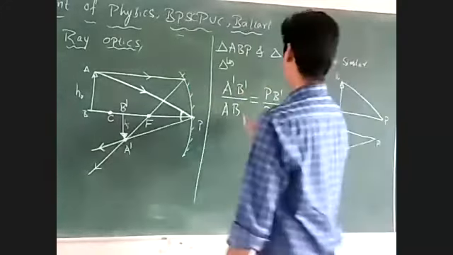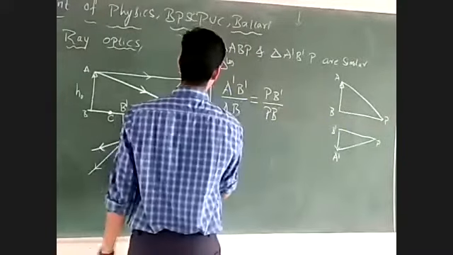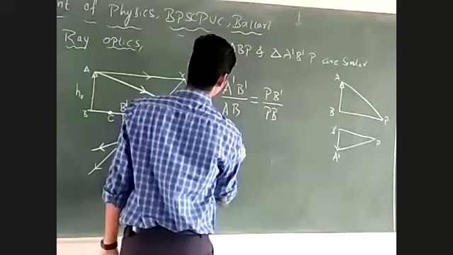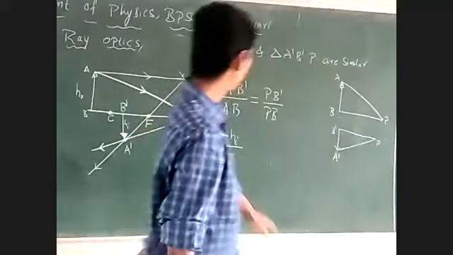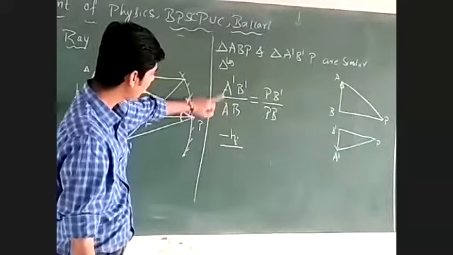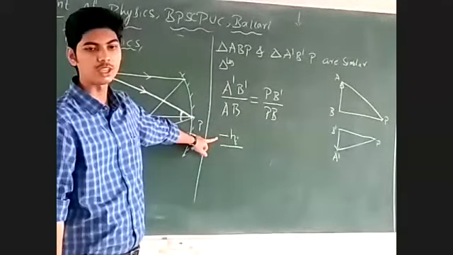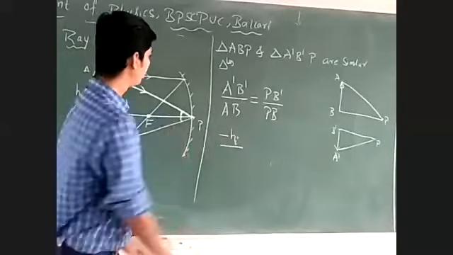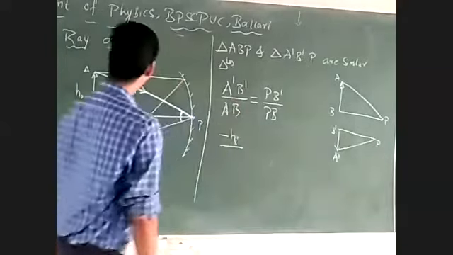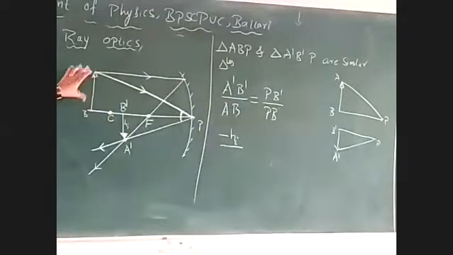Thus, A dash B dash is height of image with negative sign because the image is formed below the principal axis. So I have written A dash B dash as minus HI. A dash B dash is written as minus HI divided by AB. AB is height of the object.